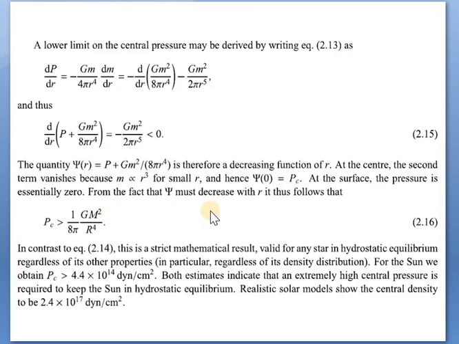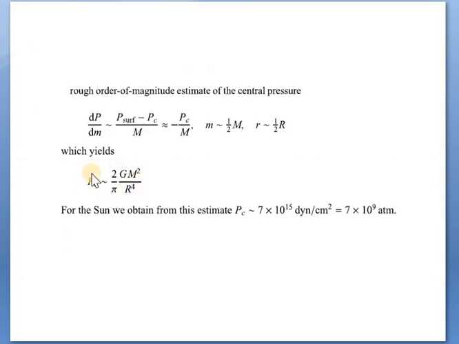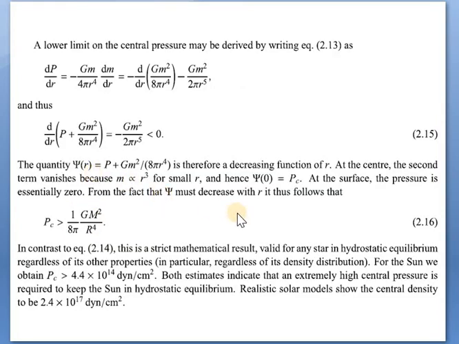Okay, fine. Now this is a strict mathematical result, unlike the previous estimate, which is just an order of magnitude one, and this is valid for any star in hydrostatic equilibrium. Here we define this whole left hand side expression as psi.